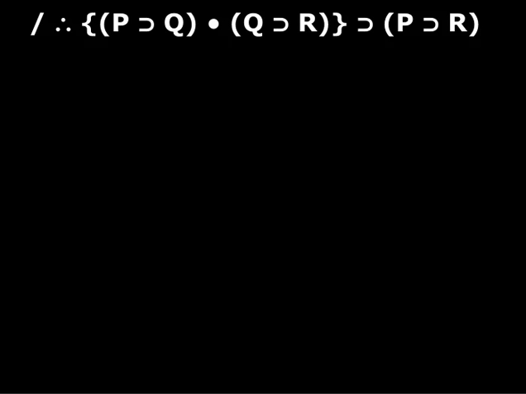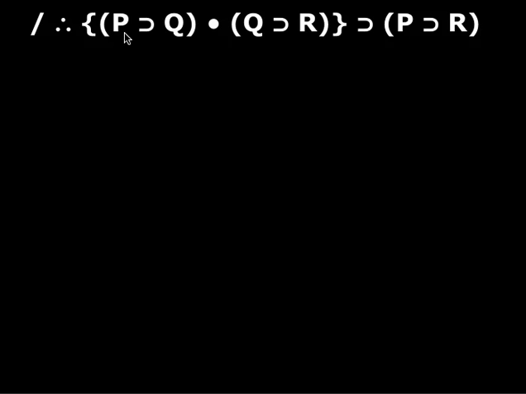Let me point something out here. If you want practice doing tautologies, then one source of tautologies is you just take any inference rule and you make a conditional whose antecedent is just the conjunction of all of the lines up on the top above the line of the inference rule, and whose consequent is the statement below the line.